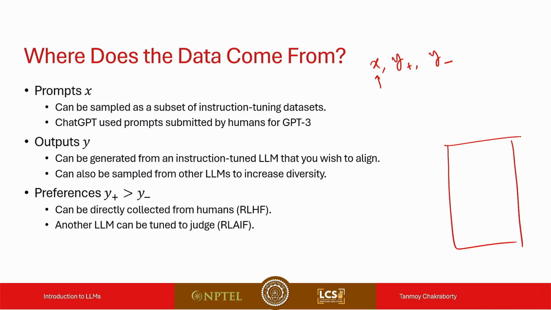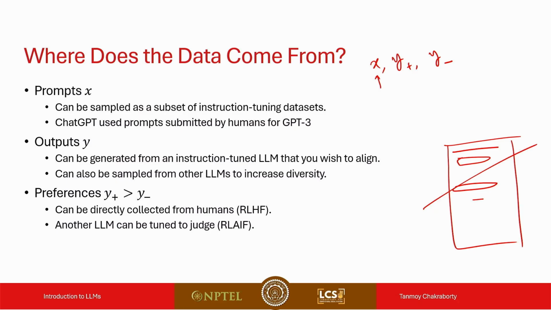The dataset looks like this: summarize this, and the output; translate this, and the output; and so on and so forth. You can divide this instruction tuning dataset into two parts. You keep one part for instruction fine-tuning and the rest for alignment.